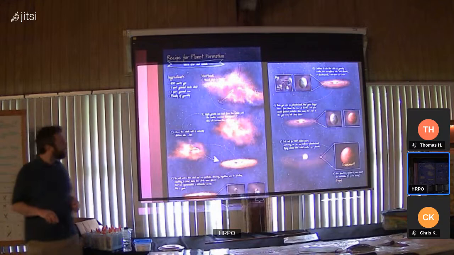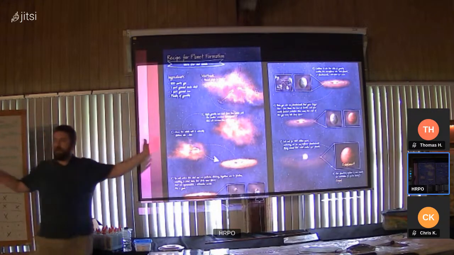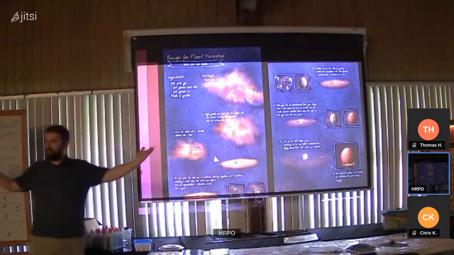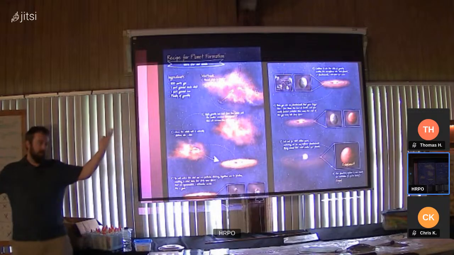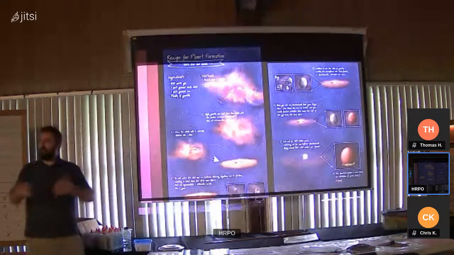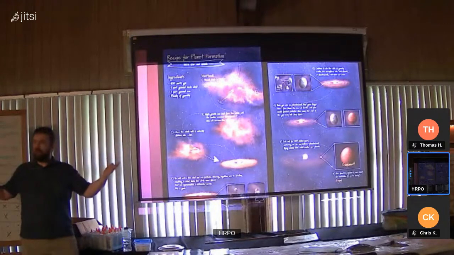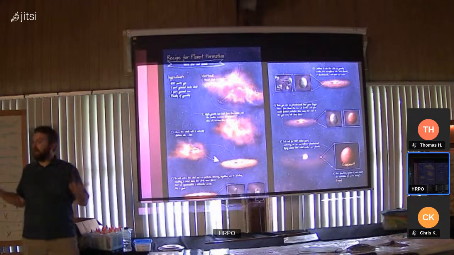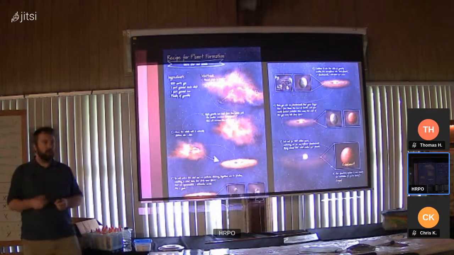So you start off with a giant molecular cloud somewhere in the galaxy or another galaxy. This is a cloud of cold gas that, in terms of the galaxy, is relatively dense. It's cold, so there's lots of dust around, lots of molecules that can absorb light and help the cloud cool.